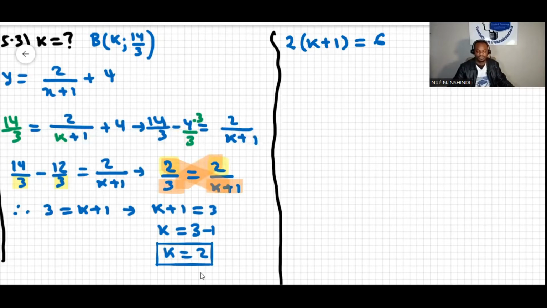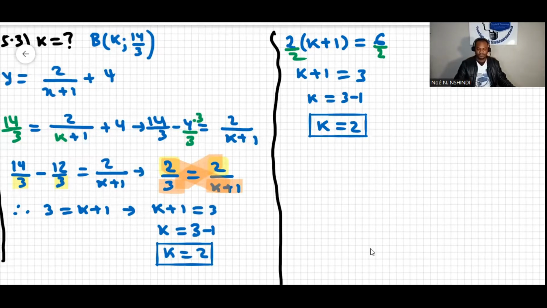You divide by 2 here, you divide by 2 there, and then you end up with k plus 1 equals 3. And then if you move 1 over, you have k equals 3 minus 1, and then k equals 2. The same value of k we got there.